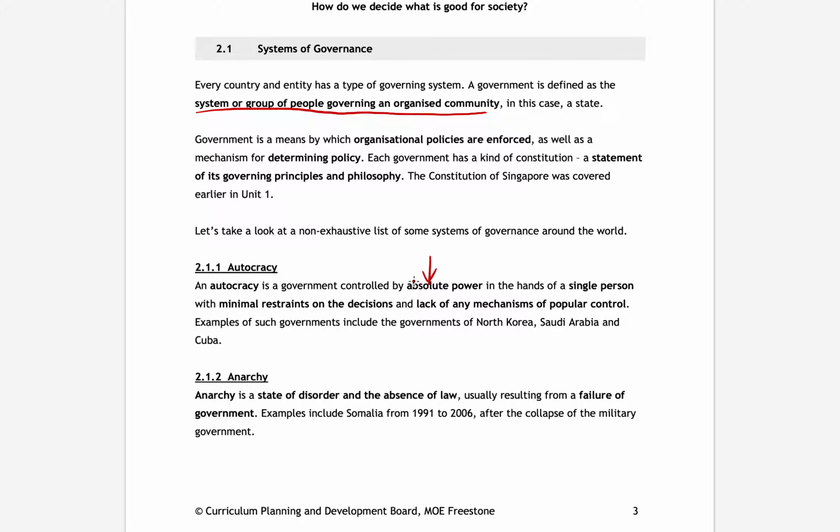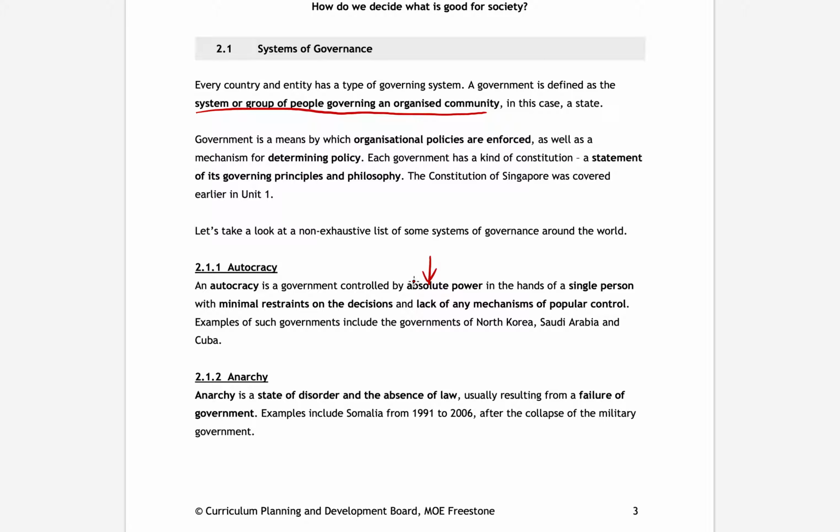Yes, all right. It's usually resulting from a failure of government, especially in a time where perhaps there was a civil war or a coup d'etat. So anarchy is usually a result of that. The most prominent and recent example would be Somalia, from 1991 to 2006, after the military government collapsed after conflict, right?